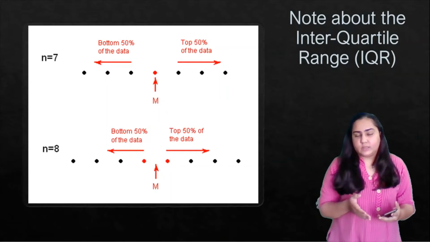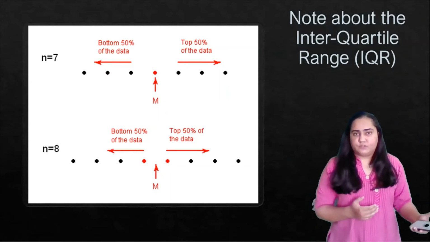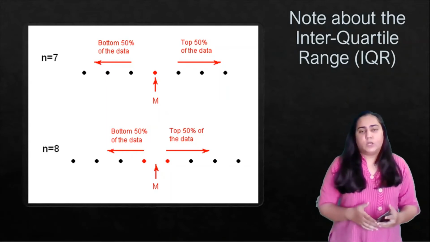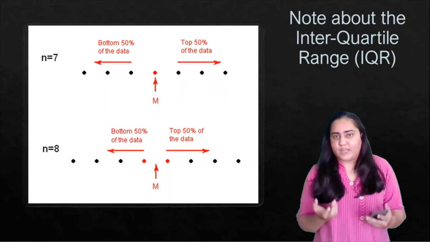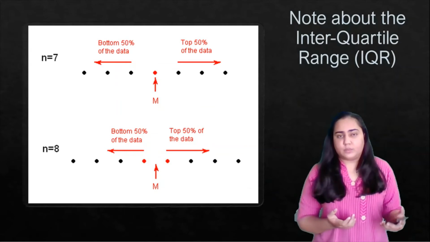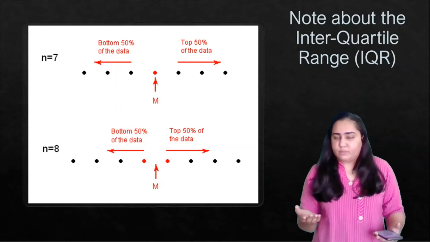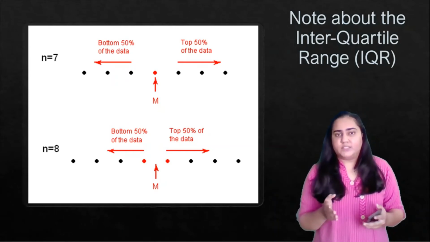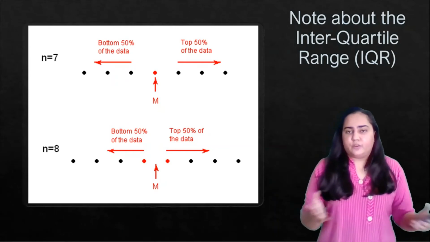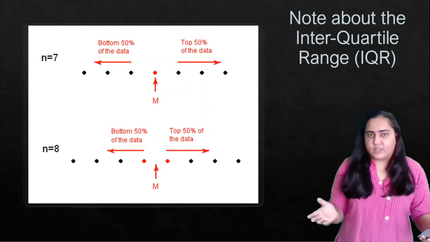In that case, when we divide our data into 50% and 50%, we also consider the two values that we used to calculate the median. So remember that if there are odd observations, we don't consider the median in either of the two halves that we have created.